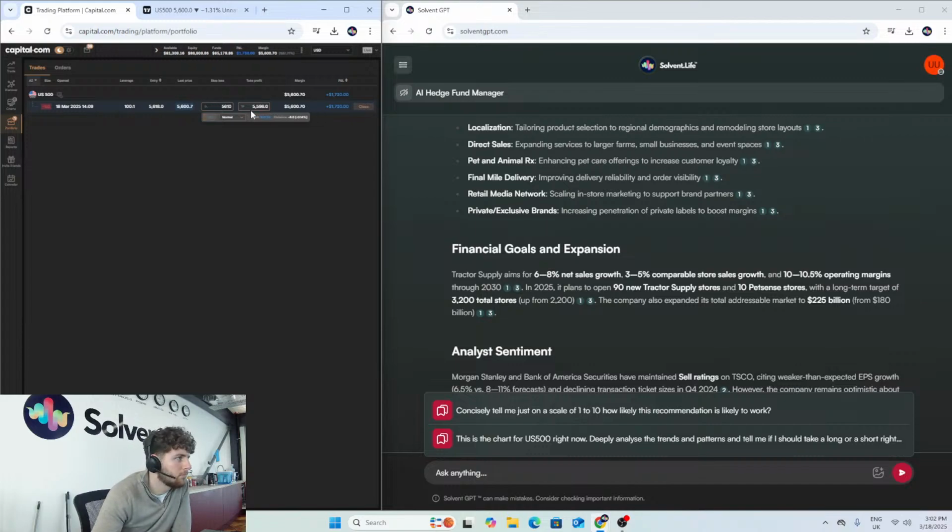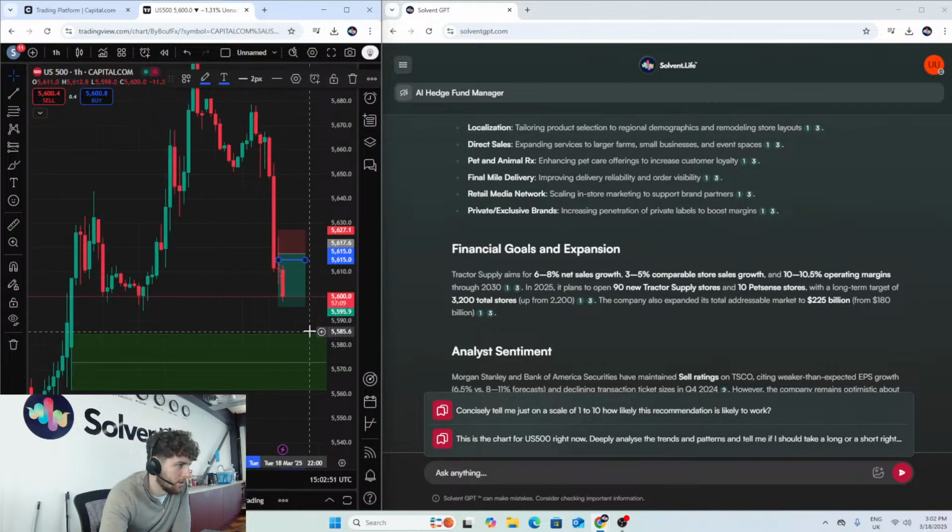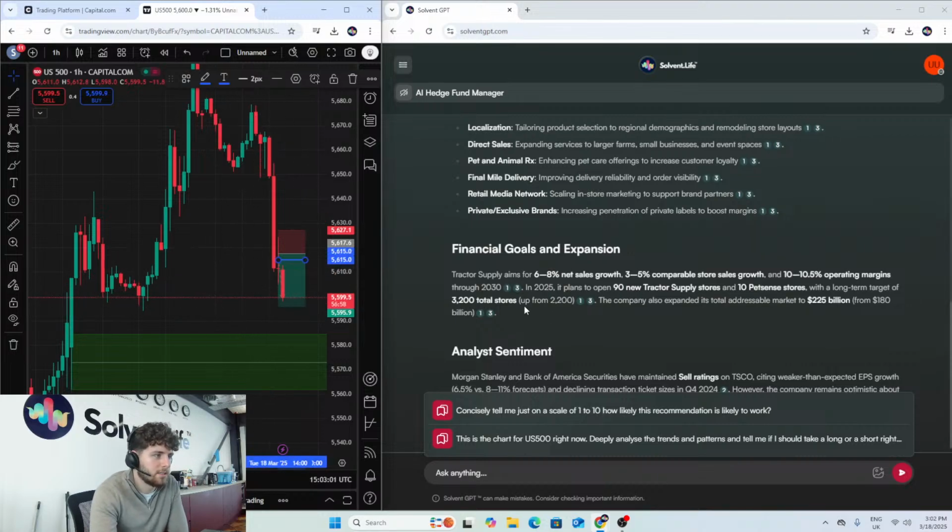So it's taking home $300 profit regardless. However, I do believe the stock will drop, and I do hope it continues to drop. I definitely believe it could reach maybe the 85 mark. Now we do have our take profit at the 95, but we will see how this trade continues.